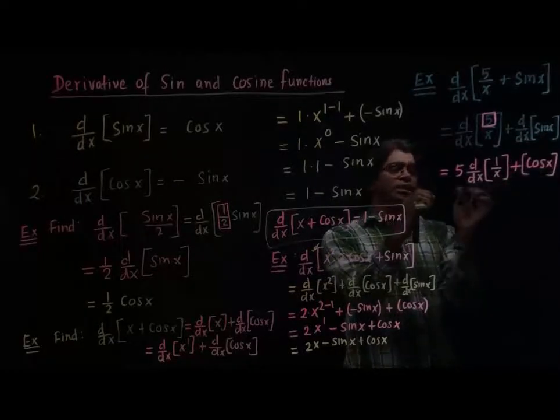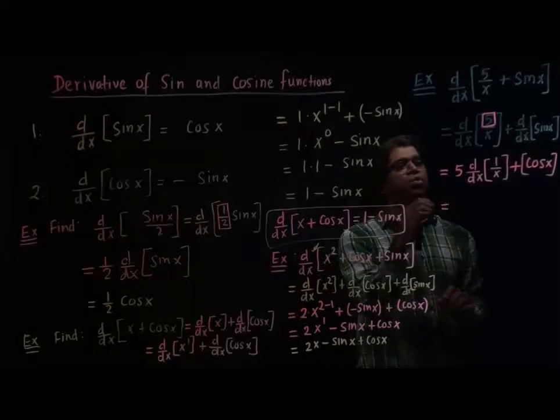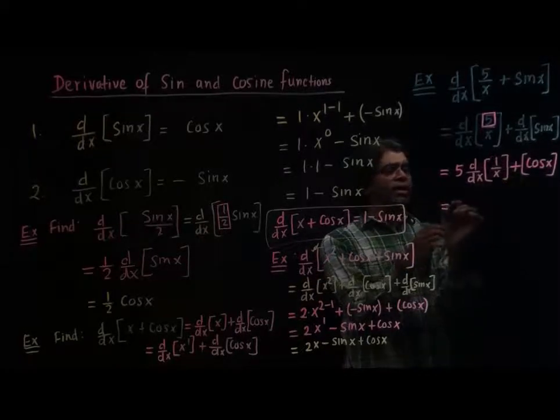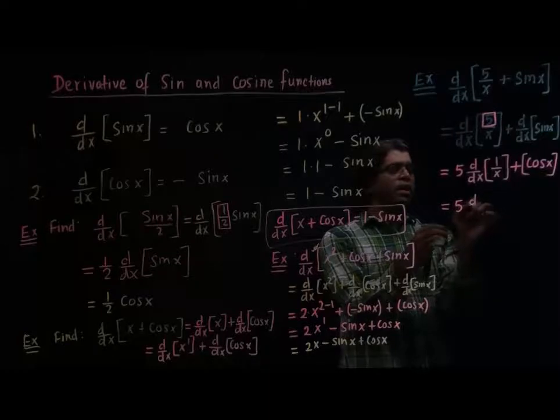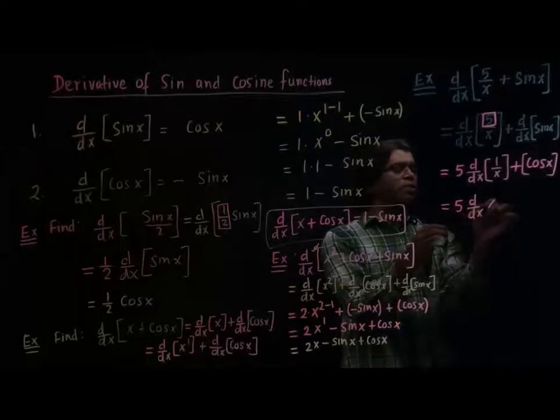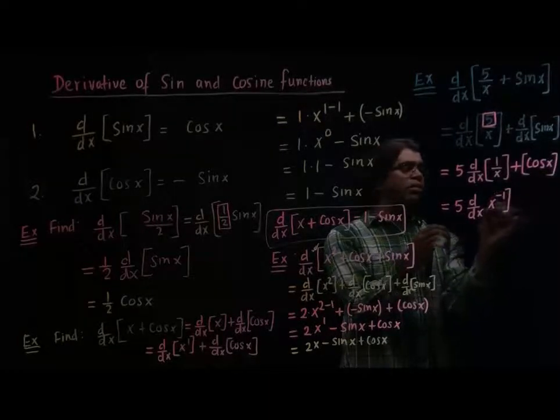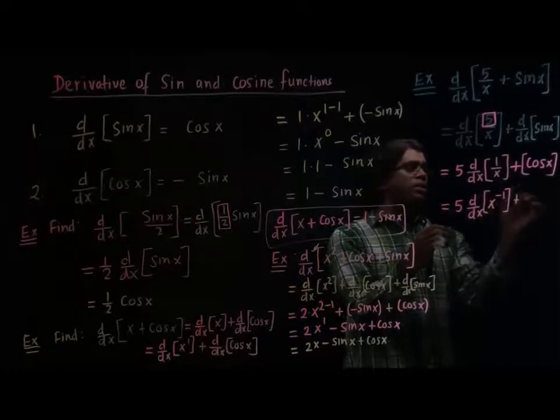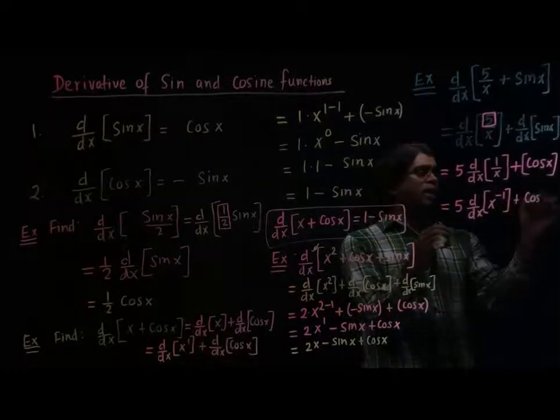Now I will write 1 over x as 5 d by dx of x to the power negative 1, plus cosine x.